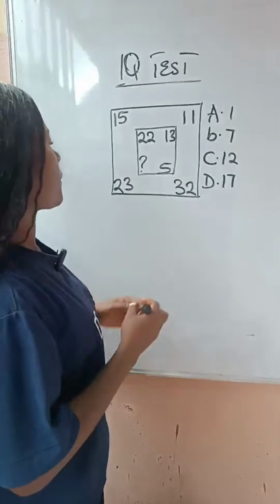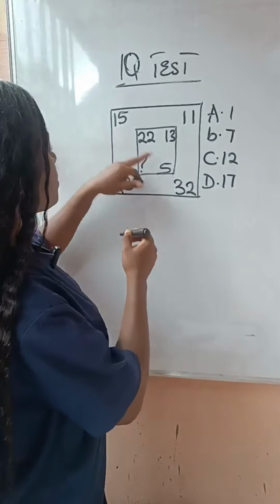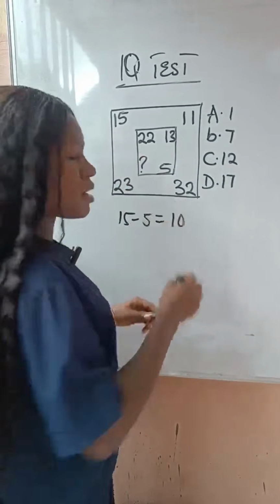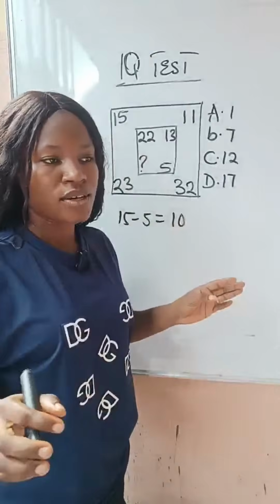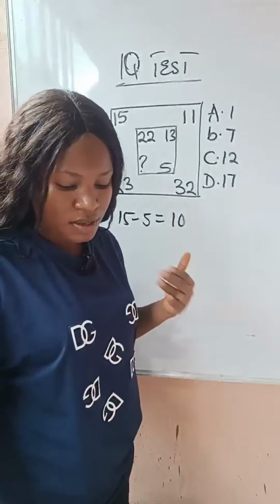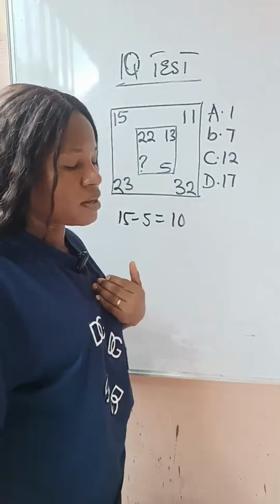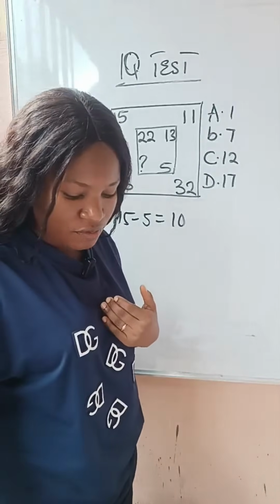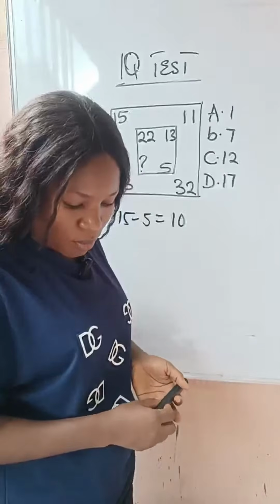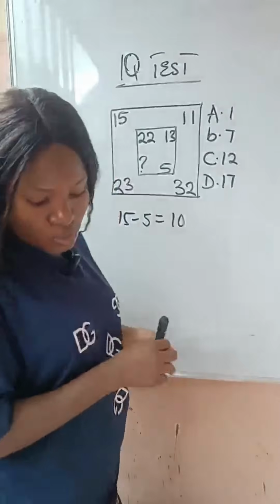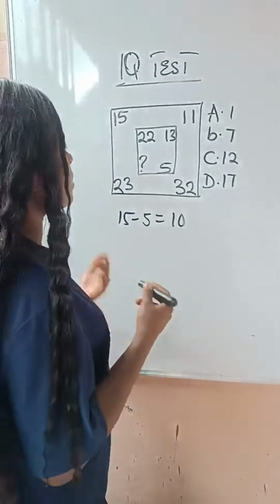Let's see. You notice that 15 minus 5 will give you 10. Daniel dropped a very interesting pattern as well, but I'm saying how I found mine. Jugu also dropped his own pattern, but I'm saying how I got mine.